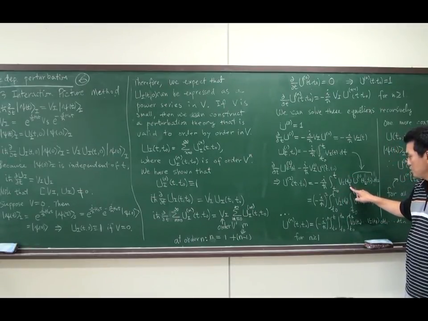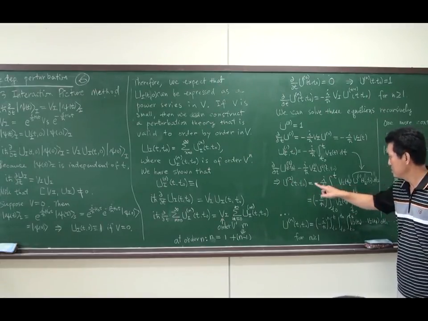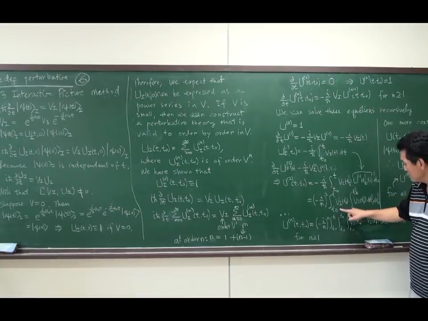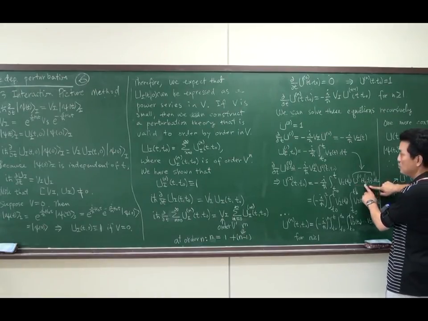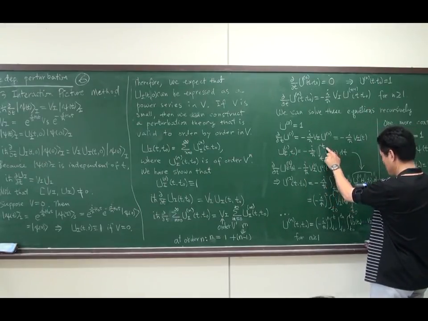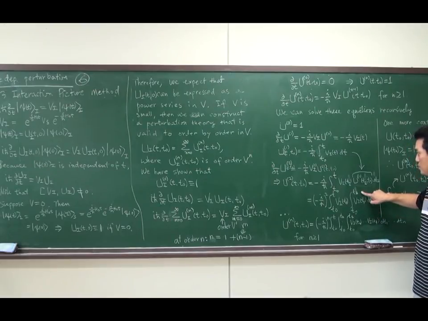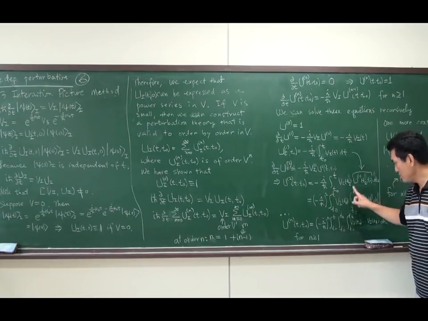I use t2 because I want to identify this to be the same. So the t2 integral is outside, and for this one, if this is t2, the integral is from t0 to t2. It is not to t, but to t2. So this is the answer.